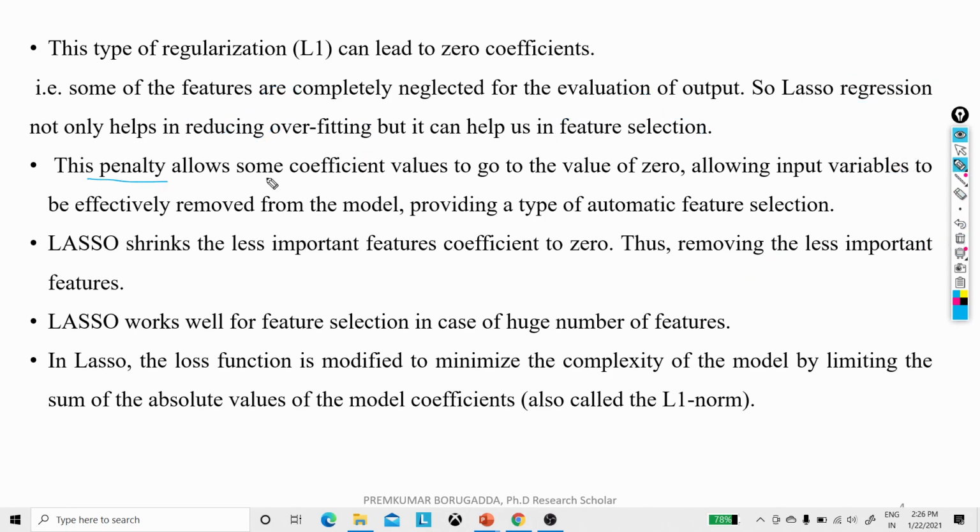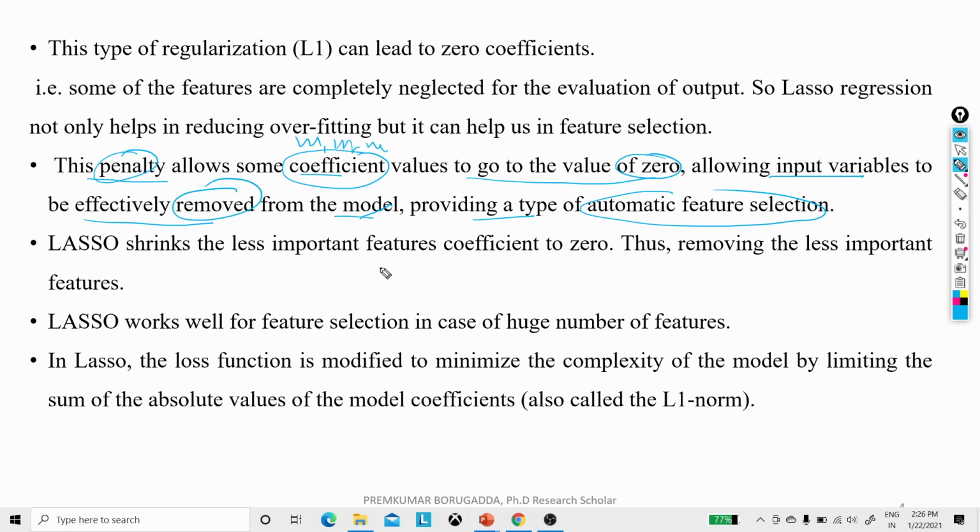So this penalty allows some coefficient values to go to 0 and allows the input variables to be effectively removed from the model, providing a type of automatic feature selection. When you apply this L1 penalty, the coefficients m1, m2, m3 are driven toward 0, and the input variables are removed from the model.